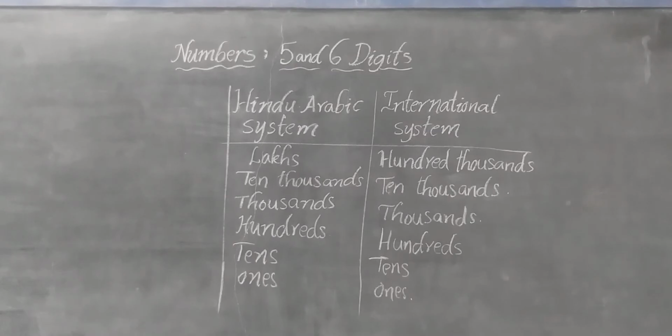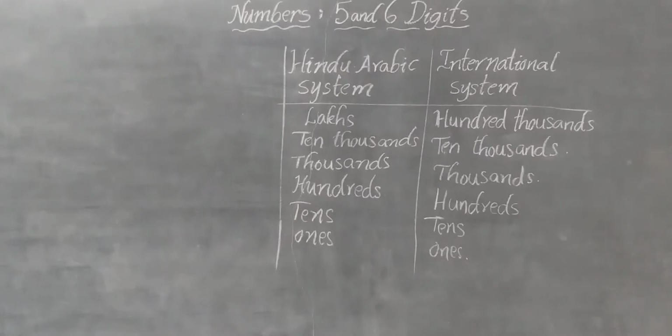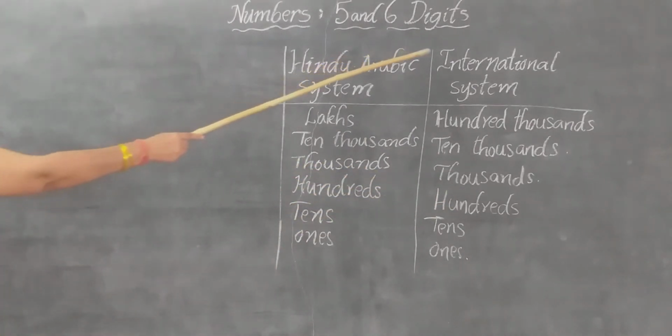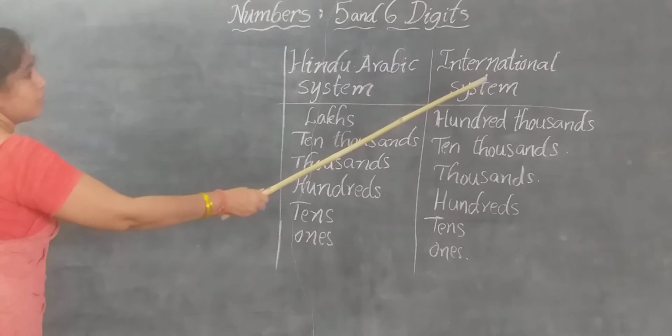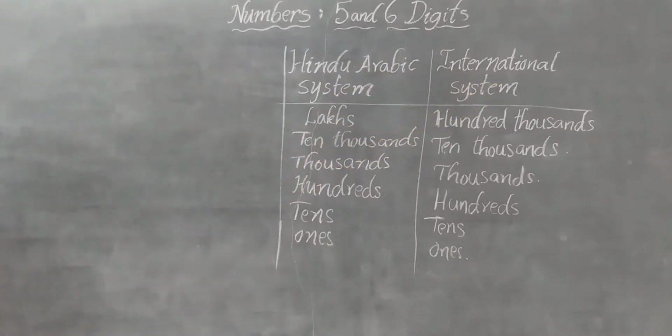Children, now we learn how to write numbers in different ways. They are the Hindu-Arabic system and the international system.